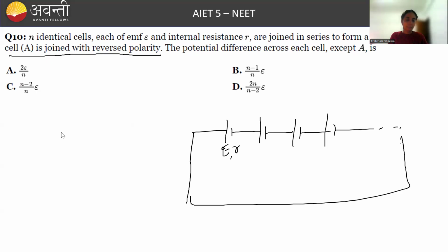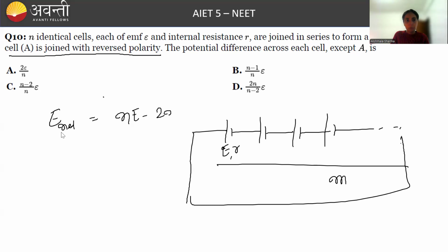Potential difference across each cell. So I have taught you that if there are n cells connected in series forming a single closed loop, and within those n cells, m cells are connected in a wrong way, then the net EMF of the loop will be E net equals nE minus 2mE.